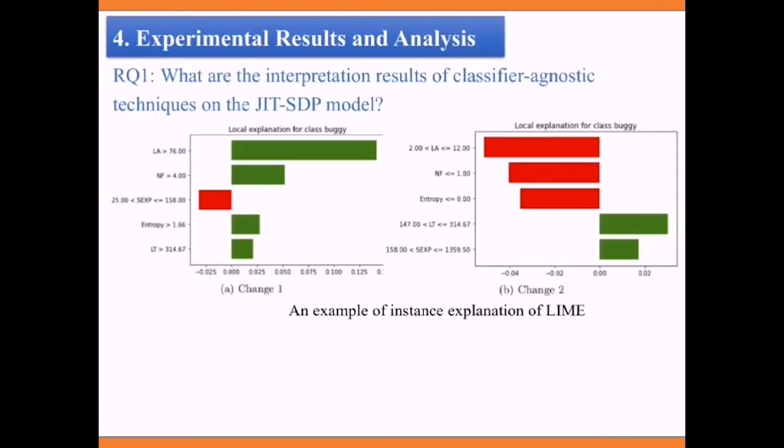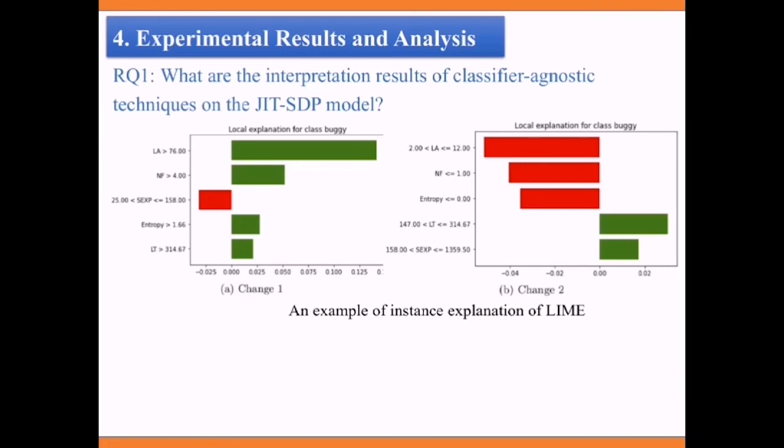Our first research question is: what are the interpretation results of classifier-agnostic techniques on the JIT-SDP model? To answer this question, we counted the differences in the feature importance ranks of the instance explanations generated by the 3 same techniques. We selected 2 instances, change 1 and change 2, from the project Fabric8.